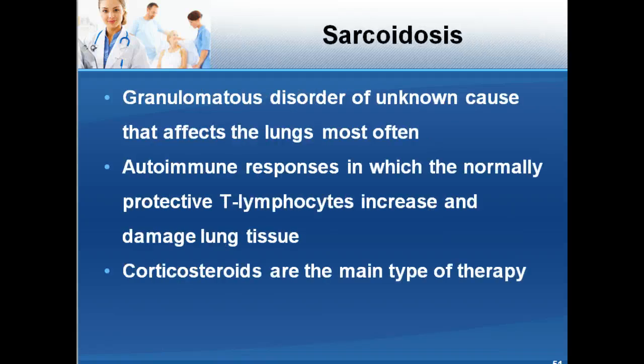The next disease process, and I just want y'all to have an idea of what they are, is sarcoidosis, which is a granulomatous disorder of unknown cause that affects the lungs most often. It's an autoimmune response in which the normally protective T lymphocytes increase and damage the lung tissue.